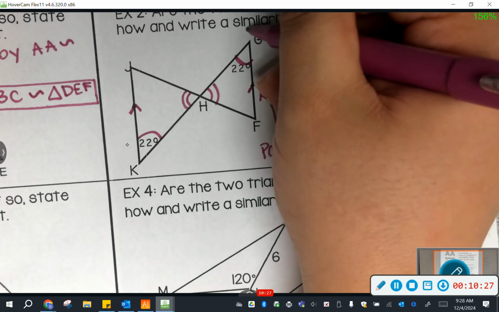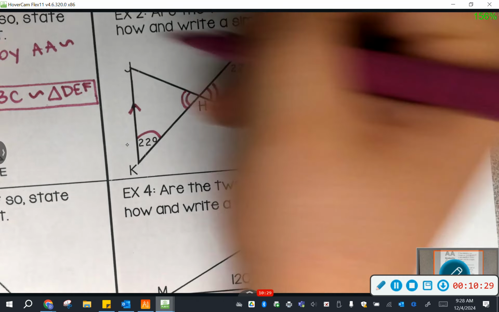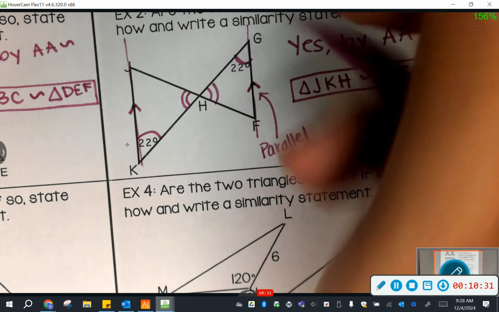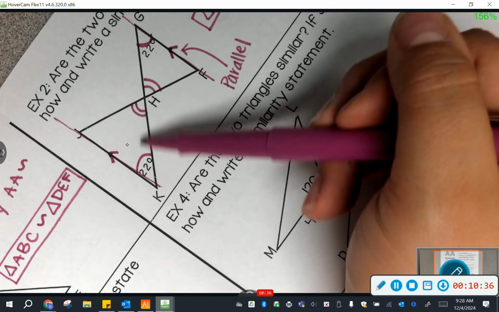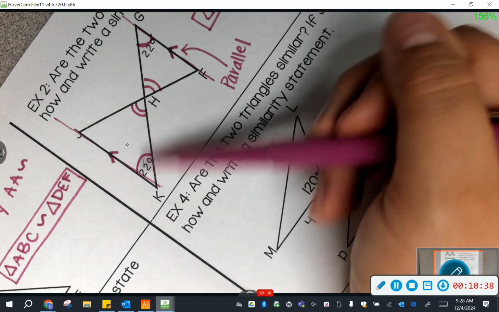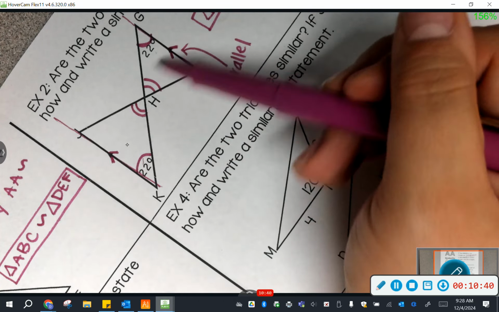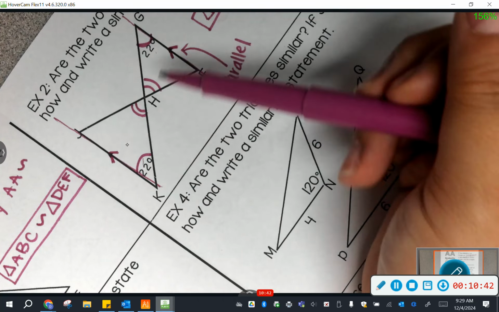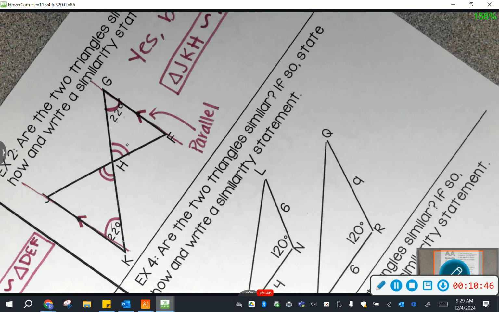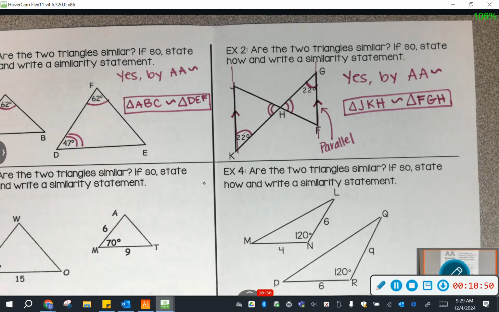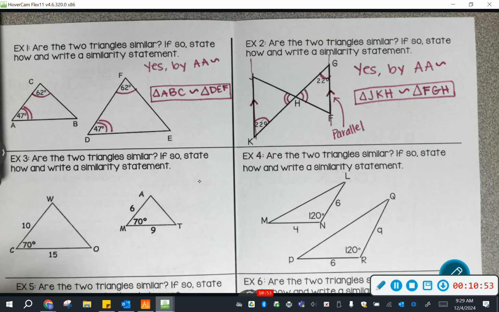I can extend this and turn it sideways. These are AIA. So even if they didn't have 22 there, they have the parallel lines. Those alternate interior angles are congruent. So that works. That is all we're going to do with AIA.